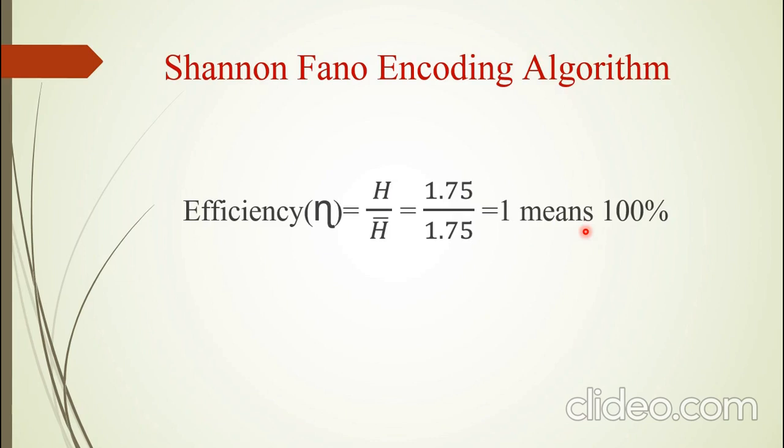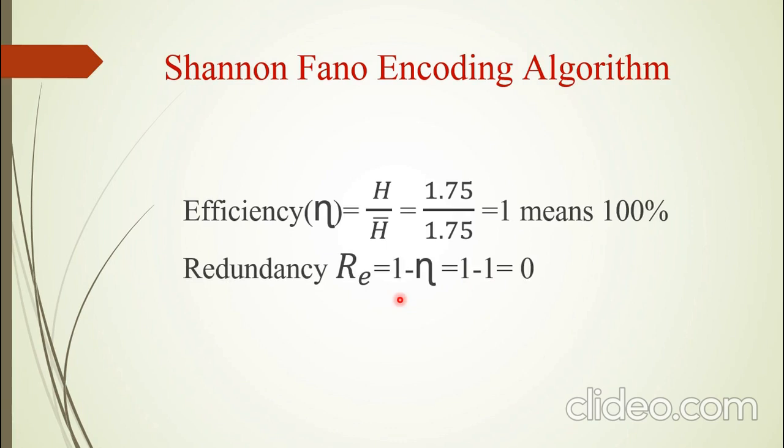So 1 means it is 100%. Now redundancy, that is 1 minus efficiency. So redundancy is 1 minus eta, which is efficiency. So 1 minus 1 is 0. So redundancy is 0. So this is how we can identify efficiency and redundancy.